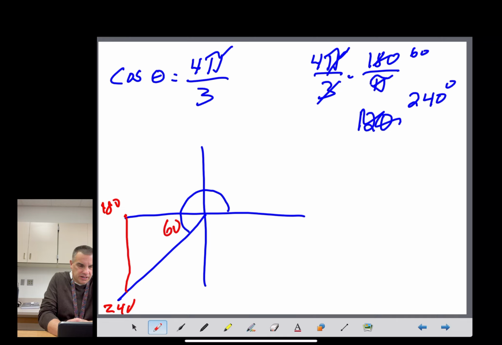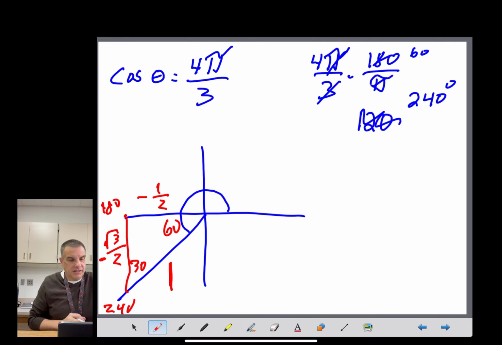Draw my right triangle. My hypotenuse is 1. There's my 30. Opposite the 30 is 1/2, and we're going to the left, so it's going to be negative. Opposite the 60 is the square root of 3 over 2, but we're going down, so it's going to be negative as well. We're asked to find the cosine of it this time.